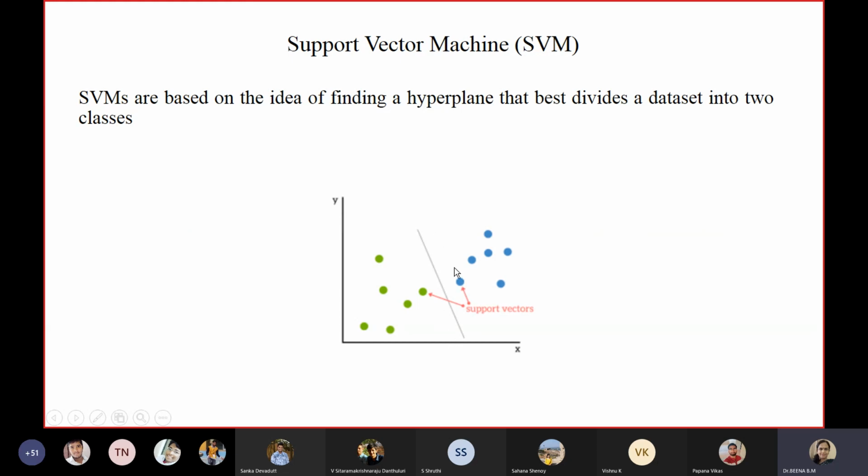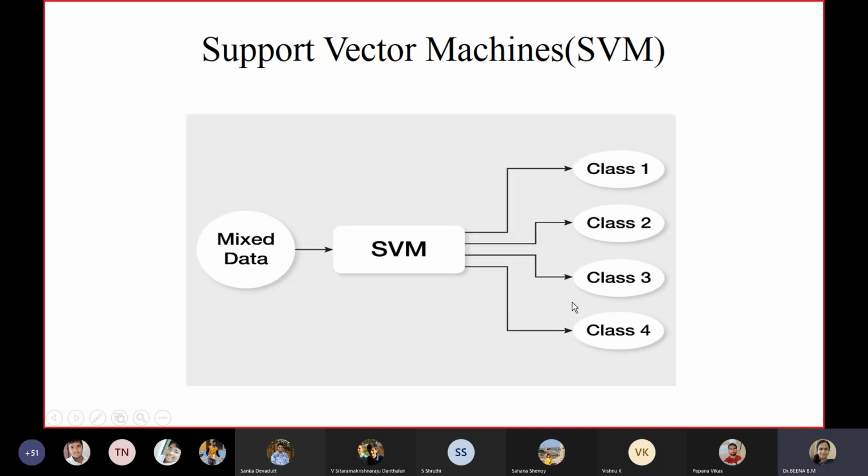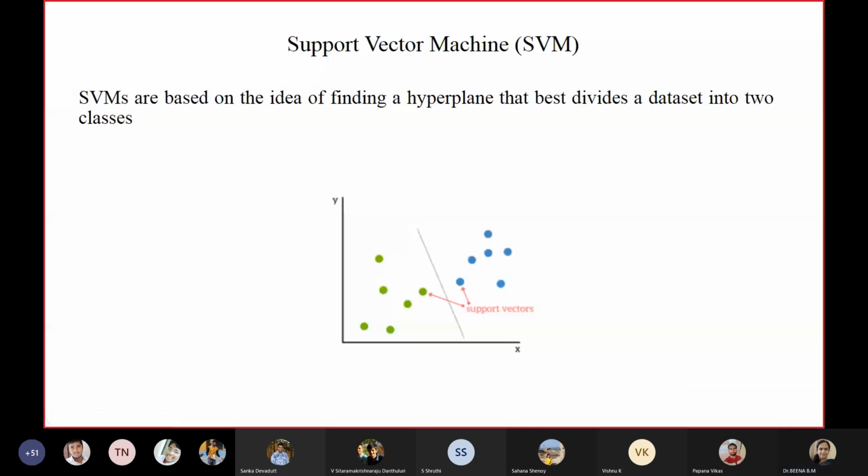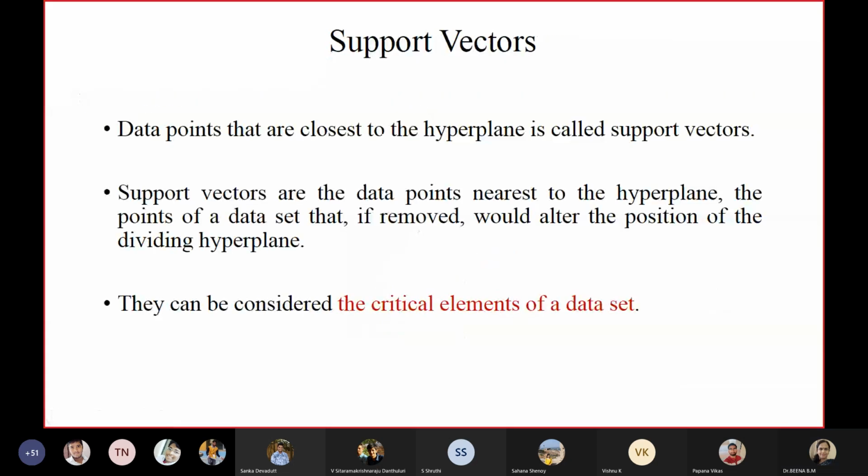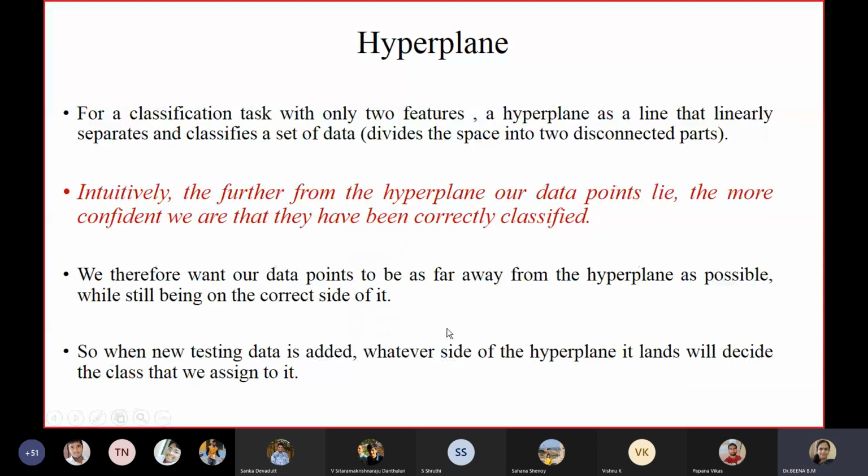The margin between these two lines should be large enough to separate the data sets. That is the intuition behind SVM. And the data points should be as far away from the hyperplane as possible. Then only the system will be able to correctly predict the output.